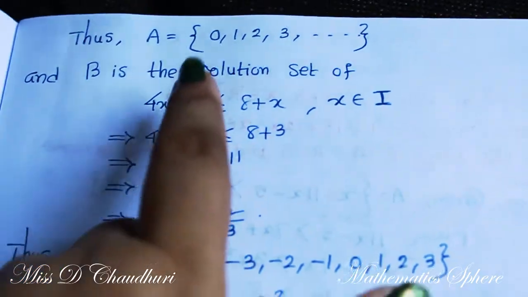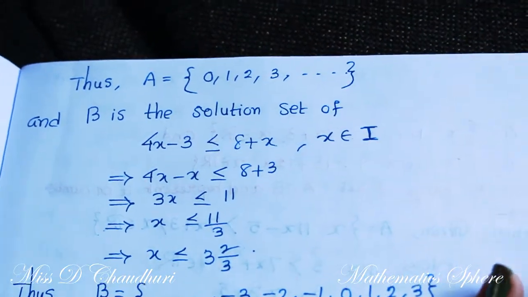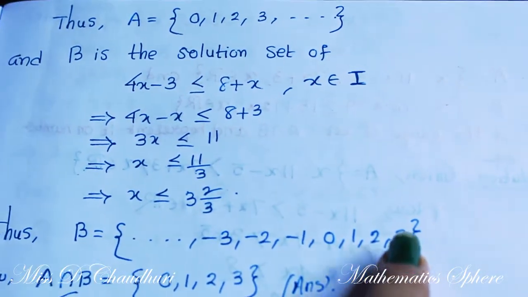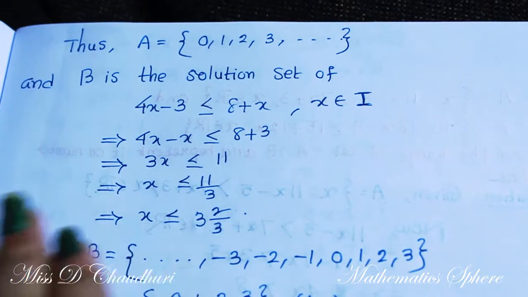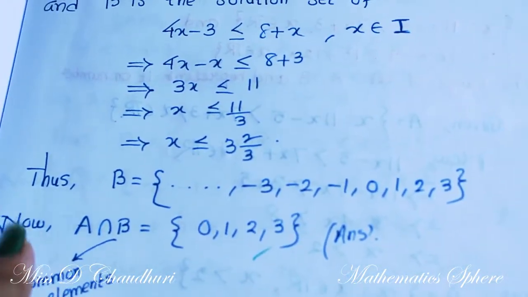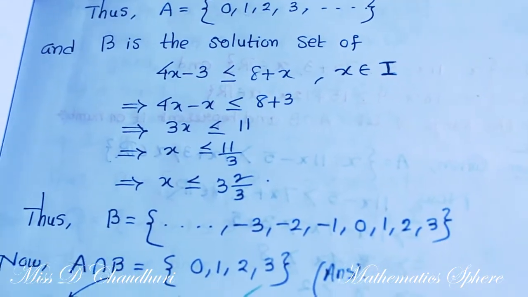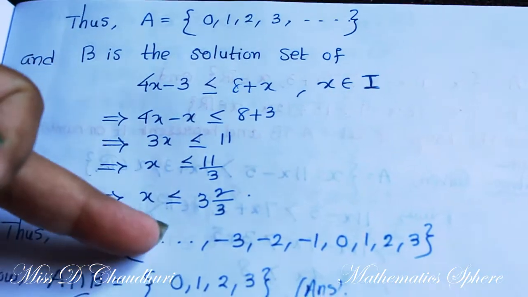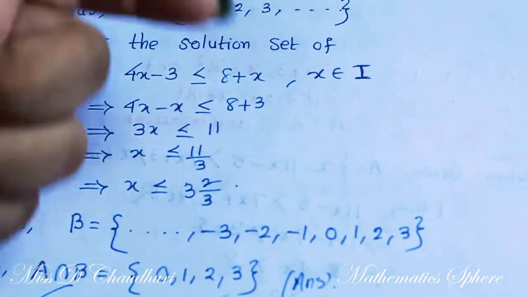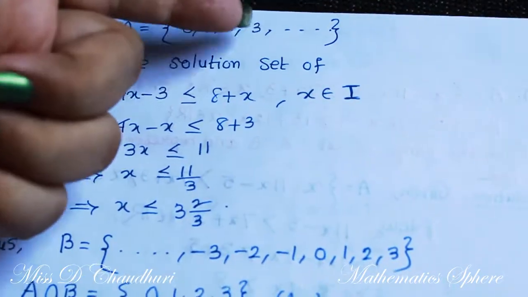Now you see A's solution is 0, 1, 2, 3, going towards the positive side, whereas B gives us a solution where it is positive only up to 3, but before that everything is negative. Now, finding A intersection B, that is the common elements, compare one set with the other. From A, 0 is there, yes, in B also 0 is there, 1, 1, 2, 2, 3, 3.